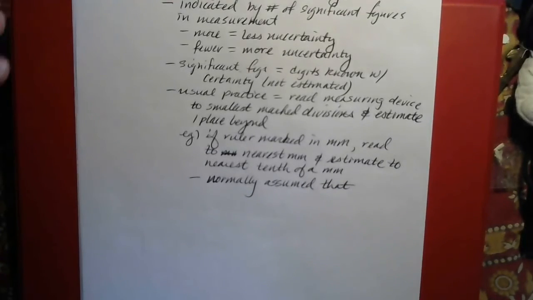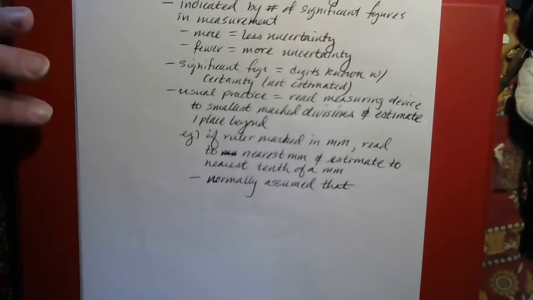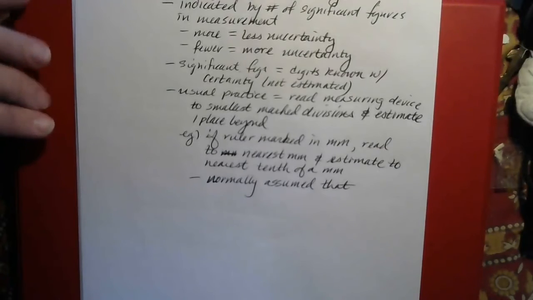And because of that custom, we normally assume that in any given measurement, all of the digits are known with certainty, but that the last one is uncertain.